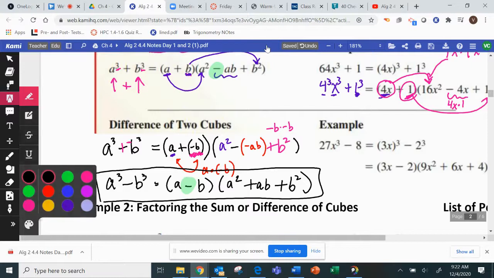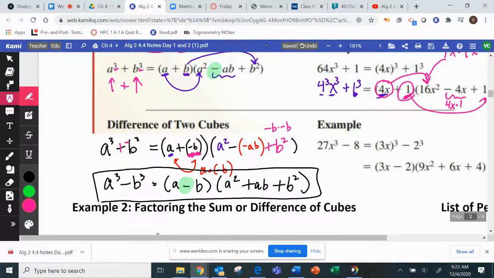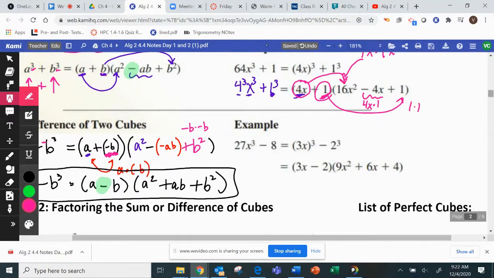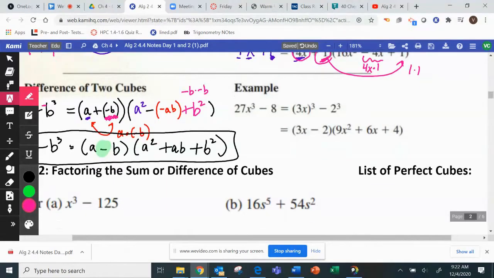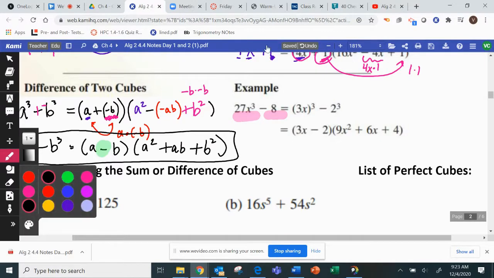So looking at the example that they gave us right over here for cubes, a difference of cubes, we're looking at 27x cubed minus 8. What times what times what is 27? What to the third is 27? 3.